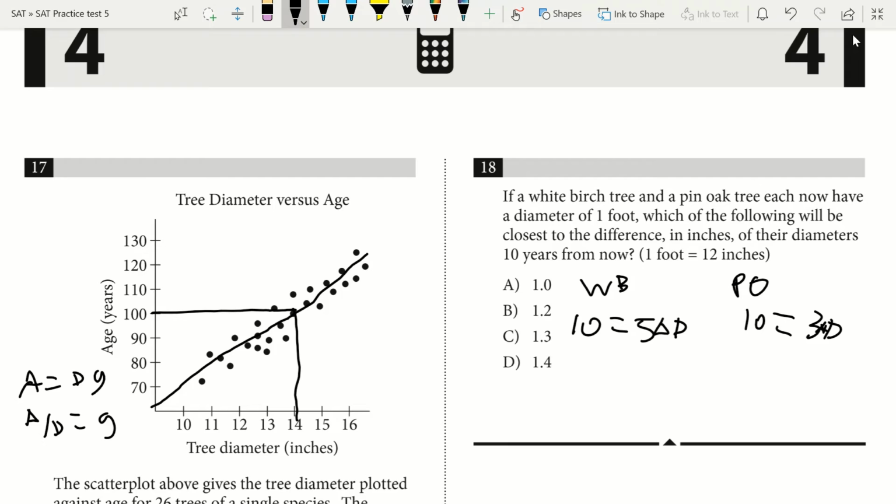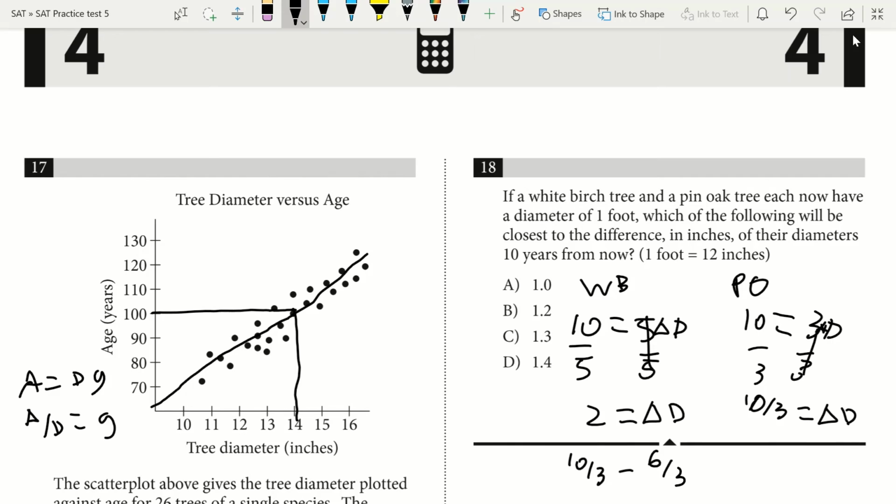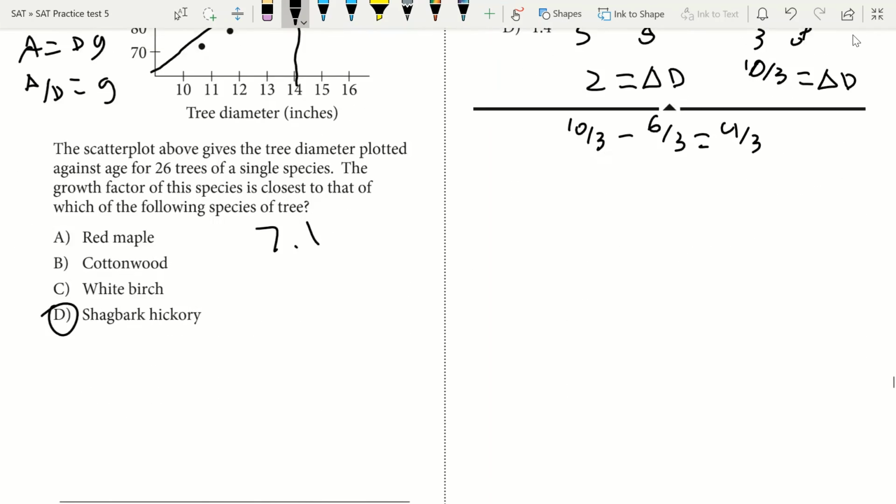So when I look at the change in diameter, I'm going to divide each side of the white birch equation by 5, and I get 2 equals my change in diameter. And then for pin oak, I'm going to have to divide each side by 3, and that's going to give me 10 over 3 as my change in diameter. Remember, we started from the same point for diameter, so our difference in the diameters is going to be 10/3 minus 2. 2 can be rewritten as 6 over 3, and that will leave us with 4/3 as our difference, and we know 4/3 is going to be 1.3 repeating, which is closest to C, 1.3.